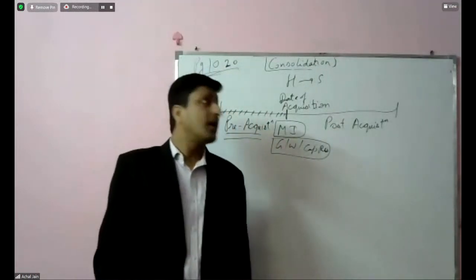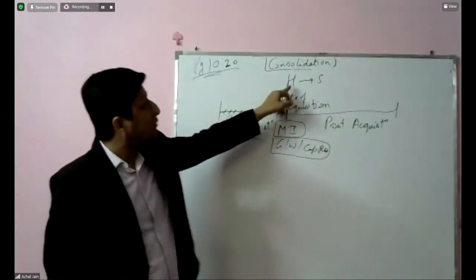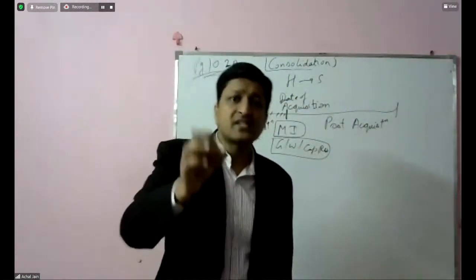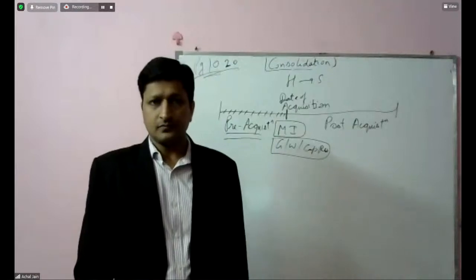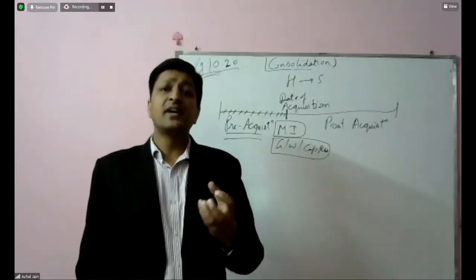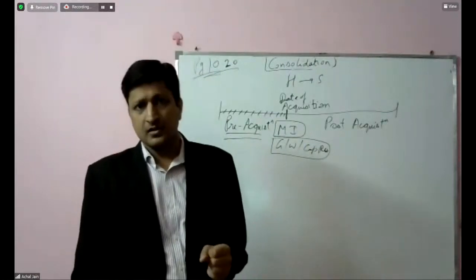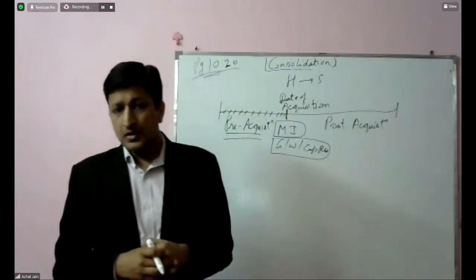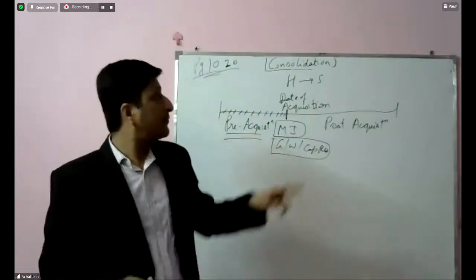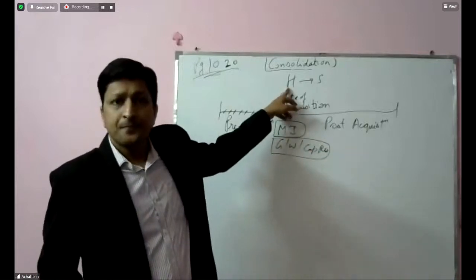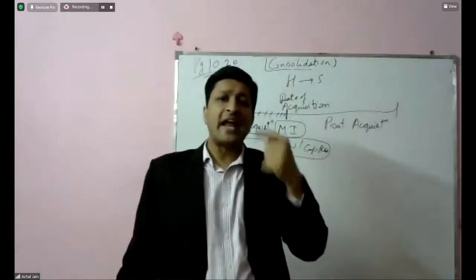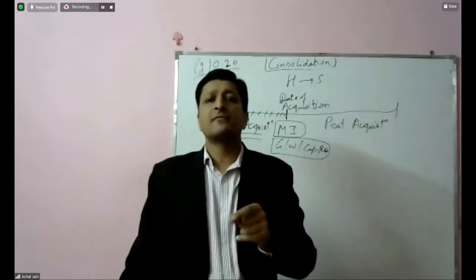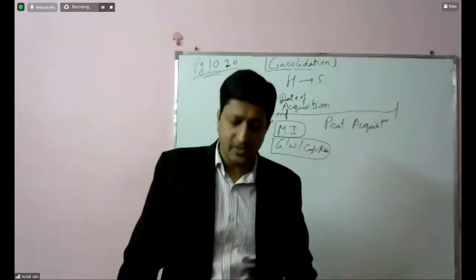Say for example, H has acquired S and S pays dividend, or you can say dividend which is received from S. What will be the accounting treatment of this dividend? In the books of H. We are not talking about books of S. We are talking about books of H, or you can say we are talking about consolidated financial statements.